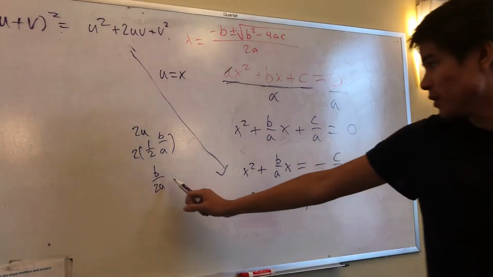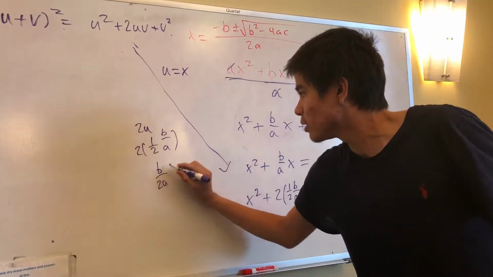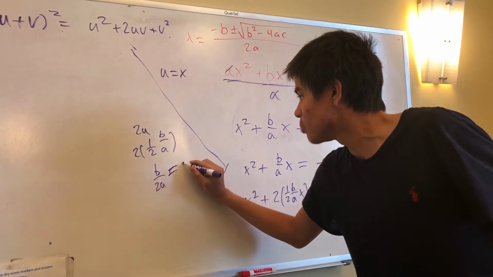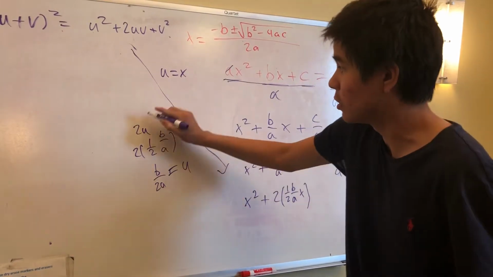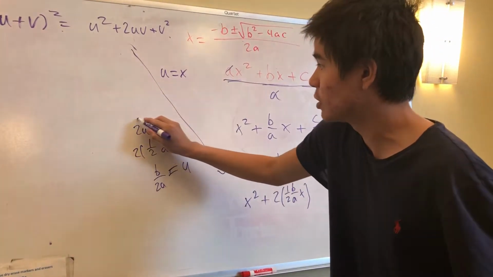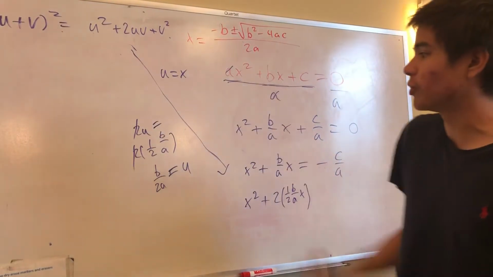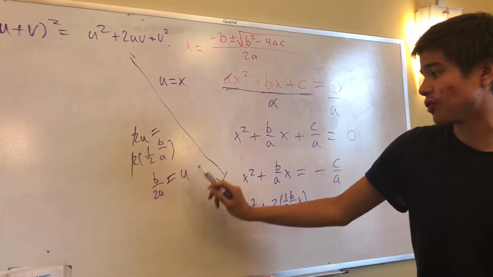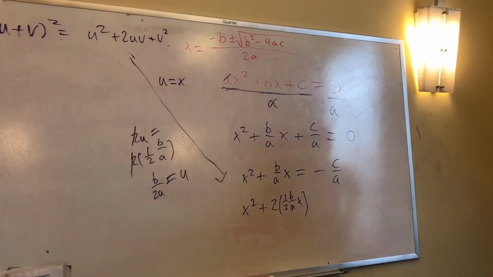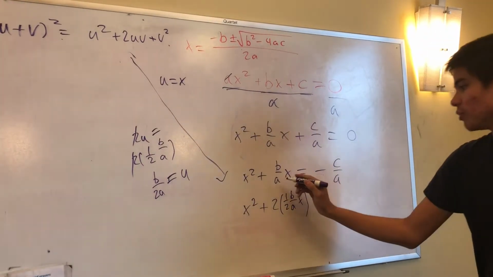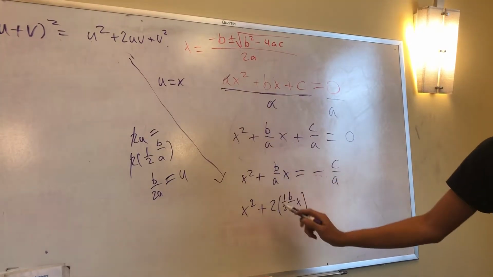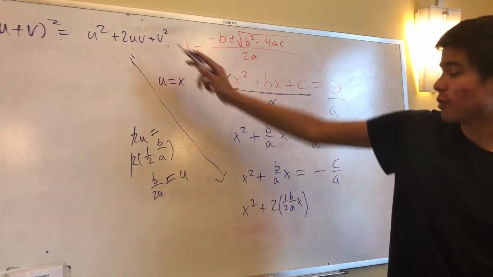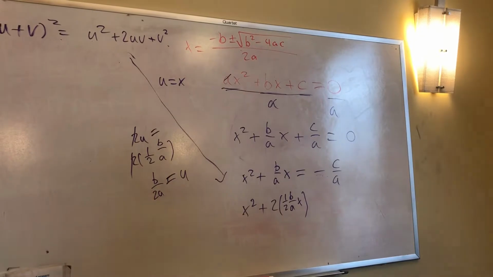So if that's, so then that must be equal to u, because if we set these equal to each other, we can cancel out our 2's. So we're left with 1/2 b over a, that's b over 2a. So what can we add to our function to make it equal to that?